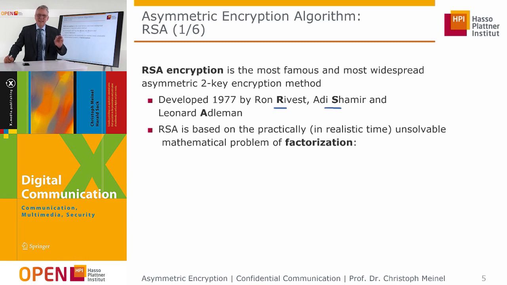In complete difference to symmetric encryption algorithms, asymmetric encryption algorithms like RSA are based on difficult mathematical problems. In the case of RSA, it is the mathematical problem of factorization.